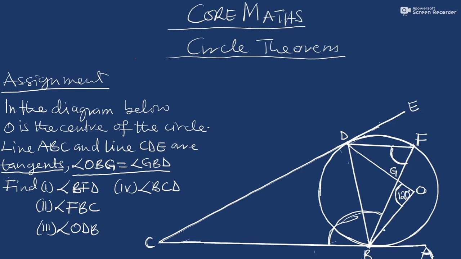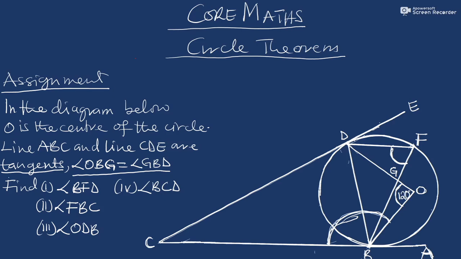Now we learned that anytime the radius of a circle and a tangent meet at a point, the angle formed between them is 90 degrees. So it means that the angle here from here to here, this small angle included, should give us 90 degrees.